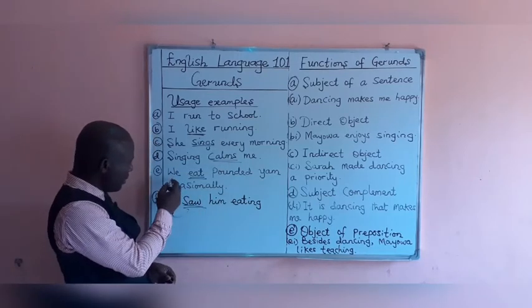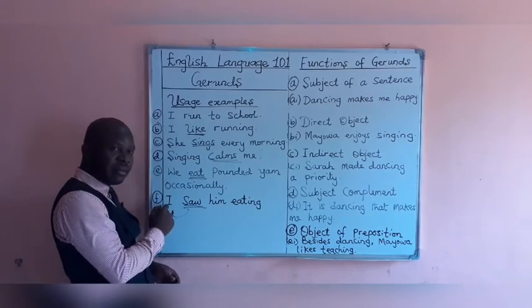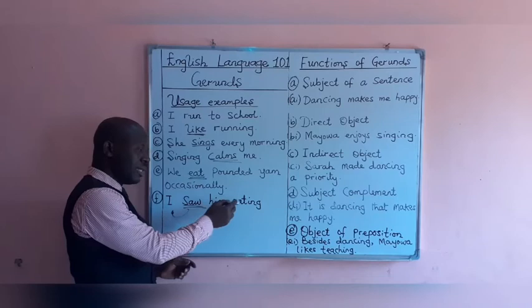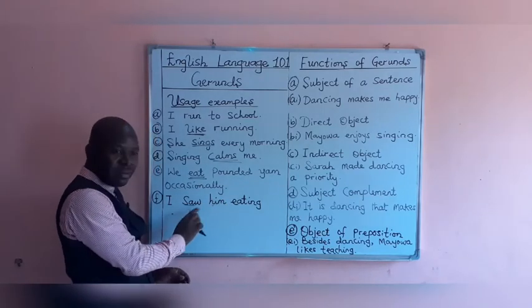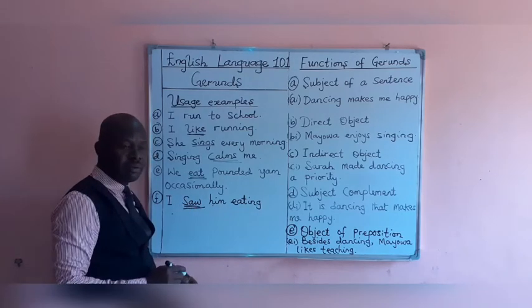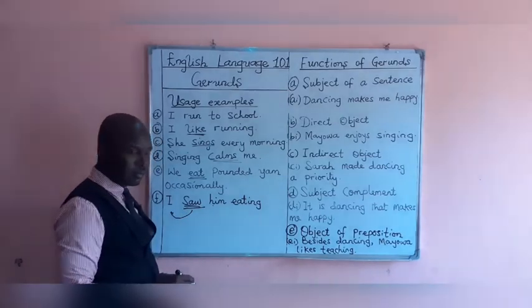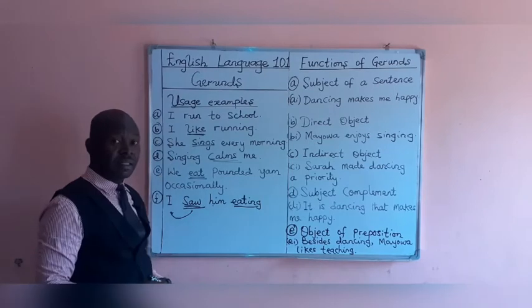So if we look at the partner sentence to E, which is F, it says, I saw him eaten. Now, the verb here is saw, because it's subject to I. If you look here, you see eaten, which is a gerund.